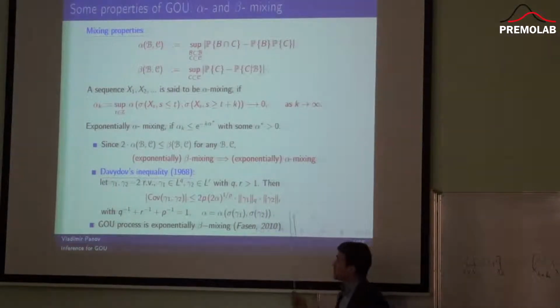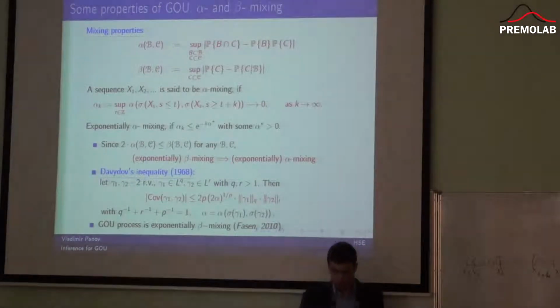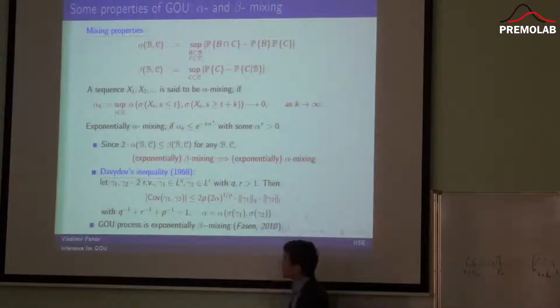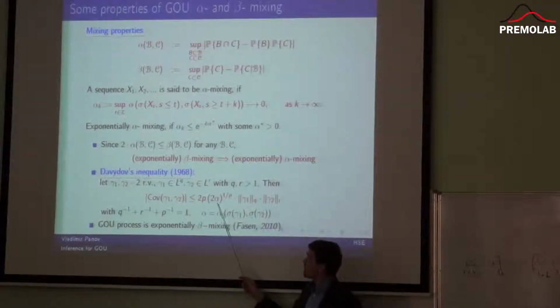This inequality reveals the main reason why we consider alpha and beta coefficients. Actually, we can upper bound the covariances between random variables belonging to sigma algebras if we can say something about the alpha coefficient.